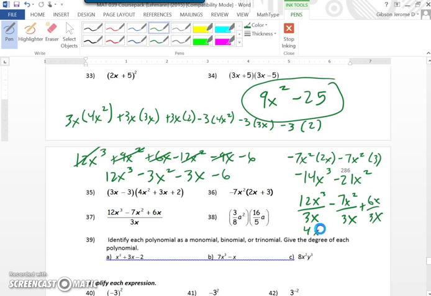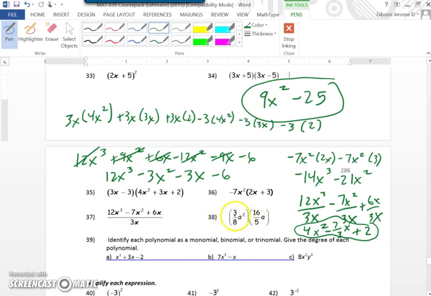X cubed divided by x is x squared. Then we know this is going to be negative. We know 7/3 is going to remain 7/3, but x squared divided by x is x. And then plus 6x over 3x will leave you 2. So this right here is the final answer for problem 37.